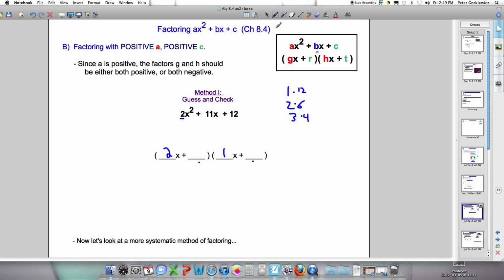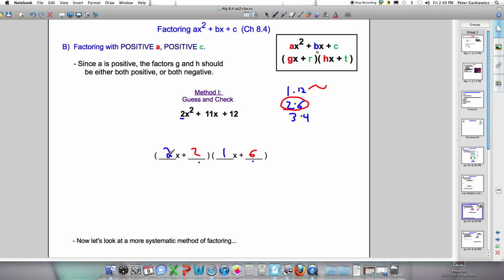And we're just starting easy that way. So the guess and check method is just that. We guess what it might be, try one of these in here and check. So let's start with this one. Usually the middle ones work well. I don't think it's going to be this one because we're going to have to multiply by 2 or by 1. So I'm going to stick in a 2 and a 6.